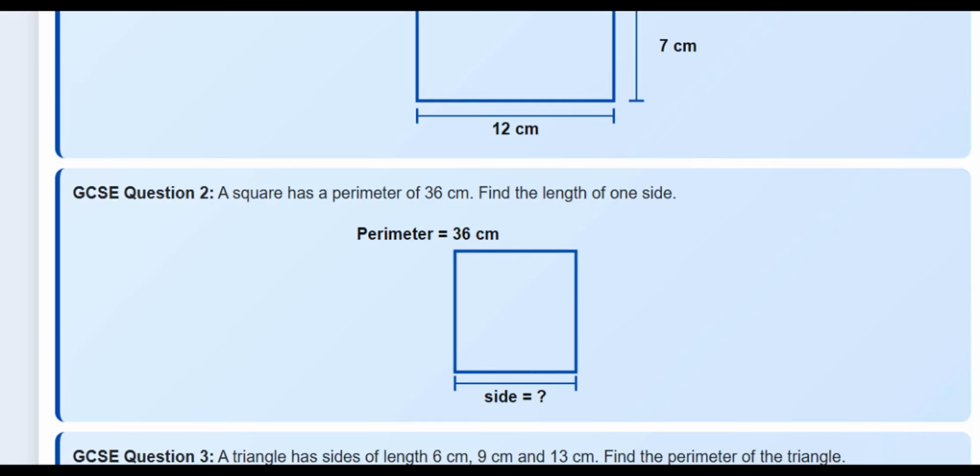We said the perimeter of a square, which I told you in one of the previous videos in this series, is given by a plus a plus a plus a, because all the sides of a square are equal. But instead of doing all this, we say a plus a plus a plus a is 4a. So the perimeter P of a square is given as 4 multiplied by a.